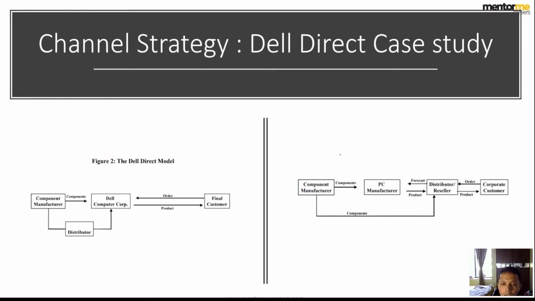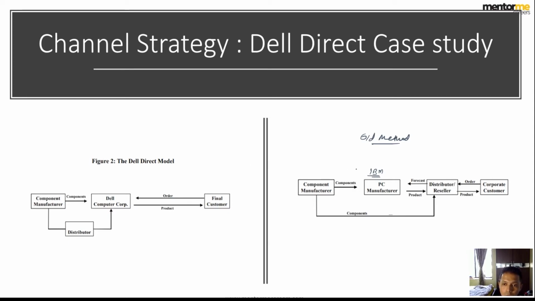So this is the old method in which the computer assembling used to go on, right? So there's the PC manufacturer. You've got your component manufacturer who supply the components to the PC manufacturers, for example, let's say IBM, right? Now, the components are going to the distributor reseller who will assemble and then give it to the customer.